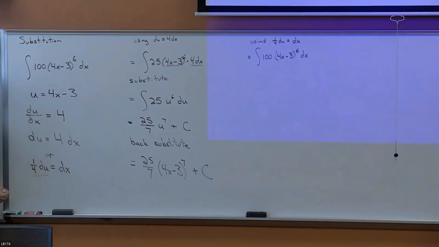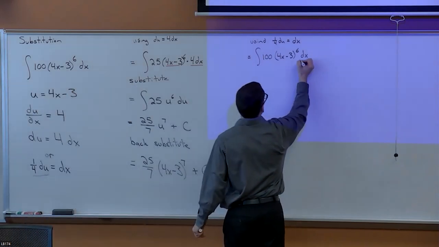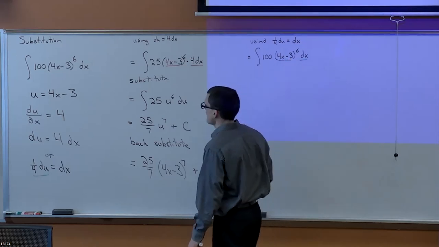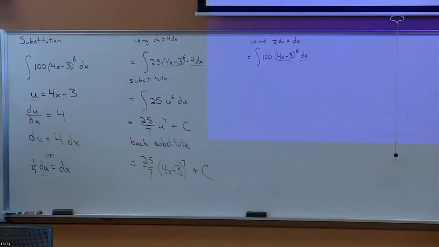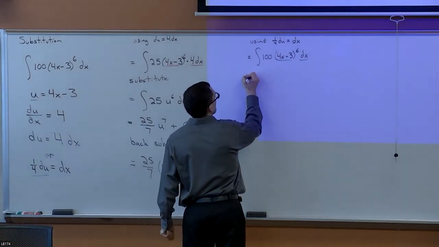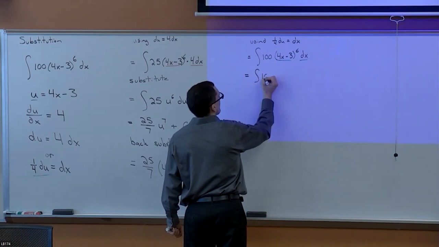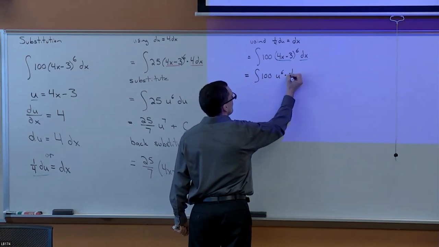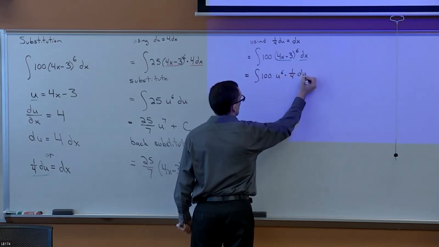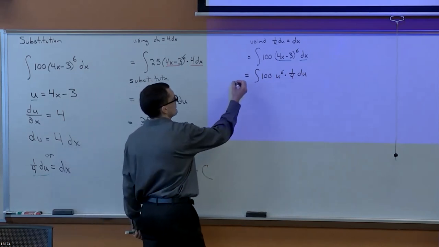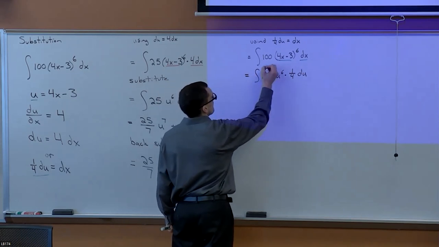So in place of the dx, I'm going to put a 1/4 du. And in place of this 4x minus 3, I'm going to put the u. So doing that gives you the integral of 100 u to the 6th times 1/4 du. So that's our substitution. I probably should have written the word substitute there somewhere.